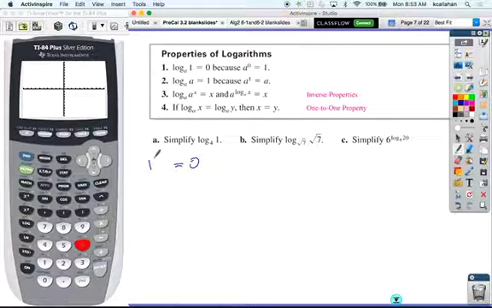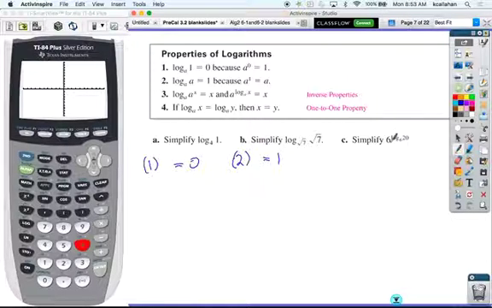B, simplify log base square root of 7 of the square root of 7. By this property, since the base matches the argument, it equals 1. This is by the second rule.